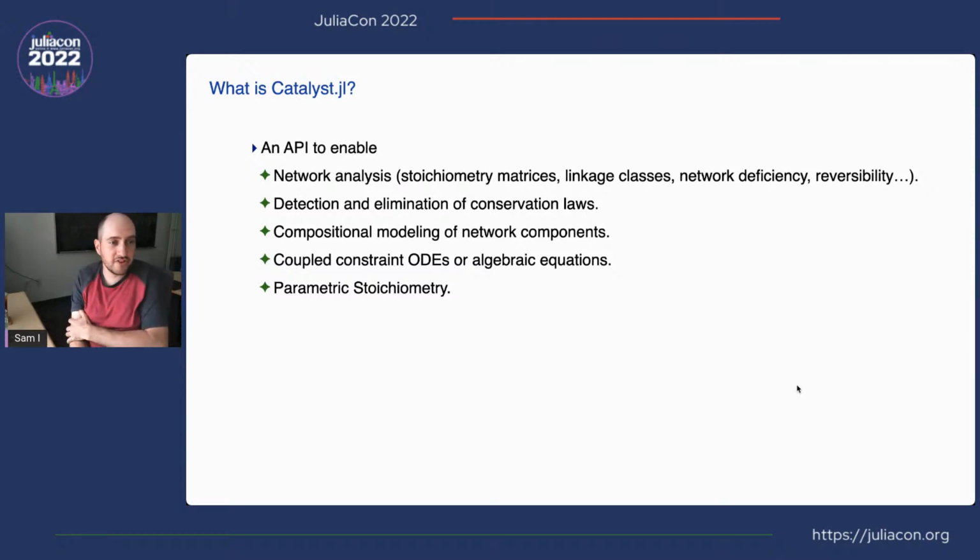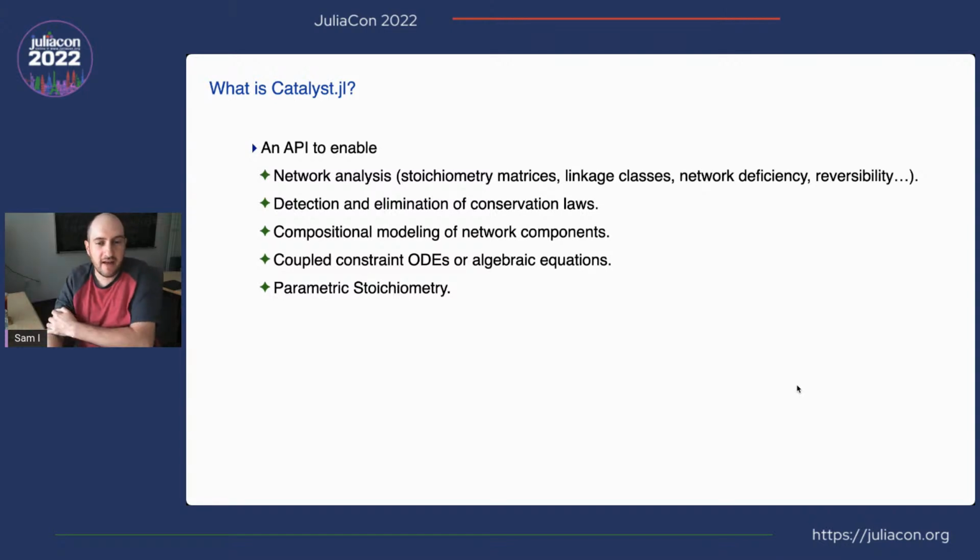Catalyst lets you do compositional modeling, where you can, say, specify a model for a gene, a model for another gene, and then compose them together into a larger model for a gene network. It also lets you do more than just chemical reaction modeling. You can couple your chemical reaction models to constraint ODEs or algebraic equations, and I'll show you some examples of that later today.